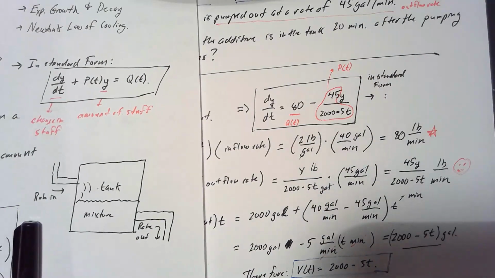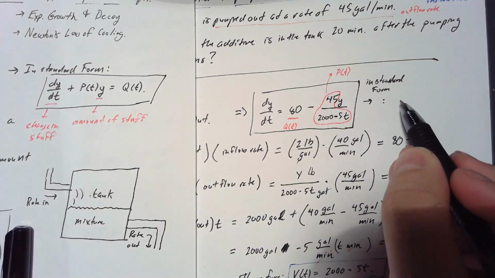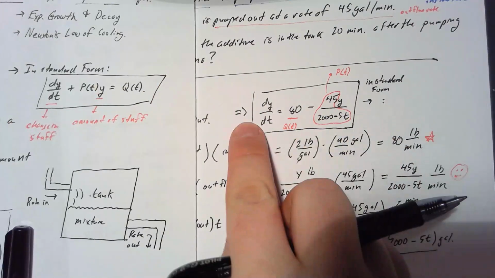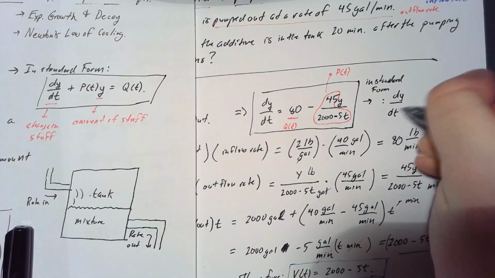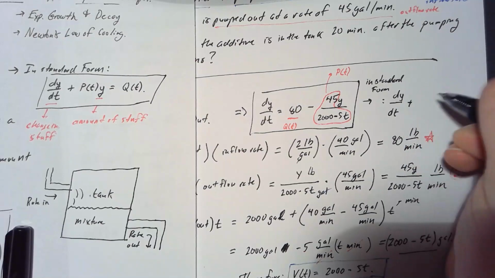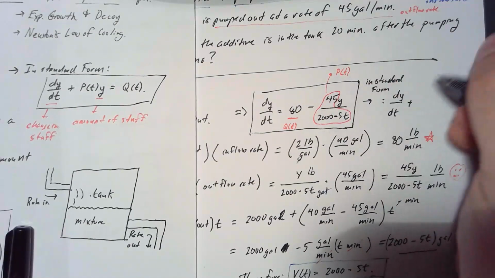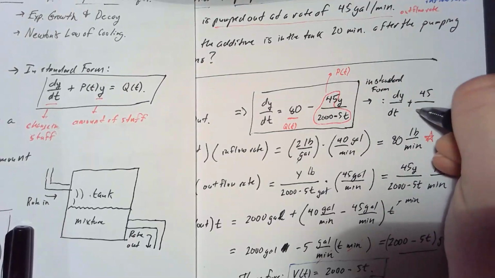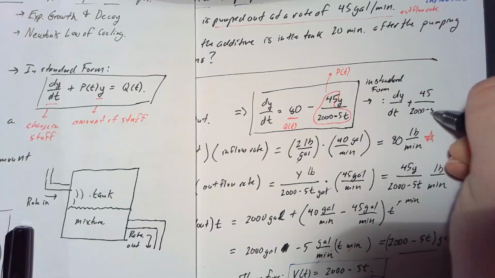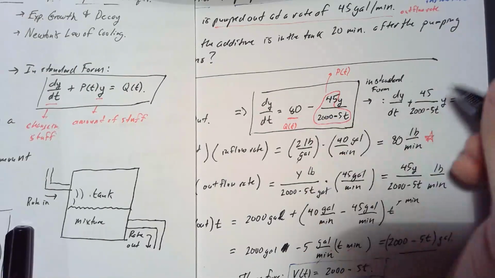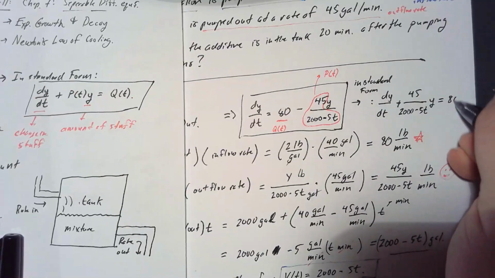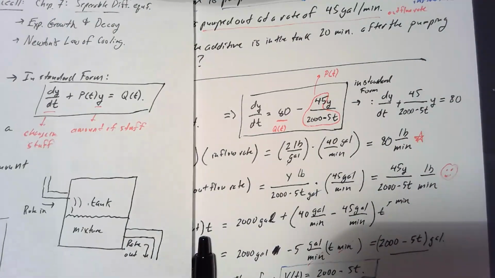So in standard form, I'm just going to add this term to the other side. So I'm going to have dy dt plus this term, 45 over 2,000 minus 5t times y, equals 80. Here's my differential equation in standard form.